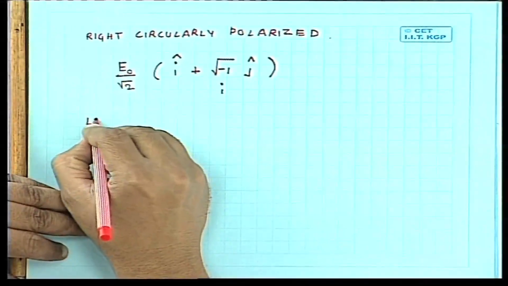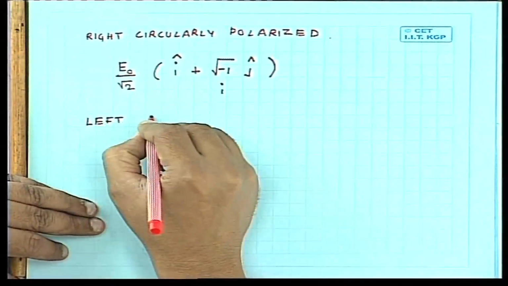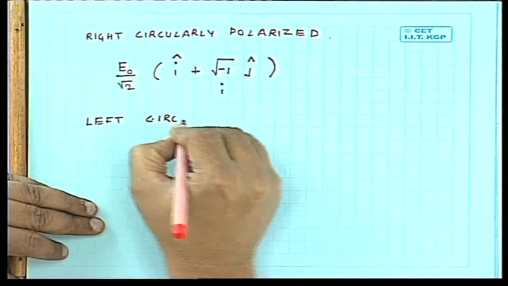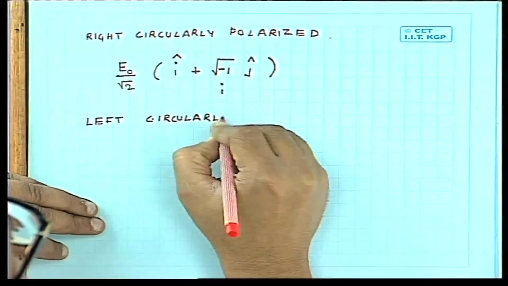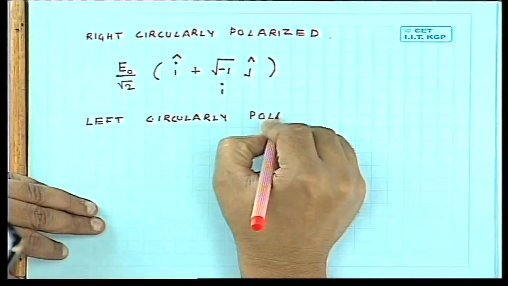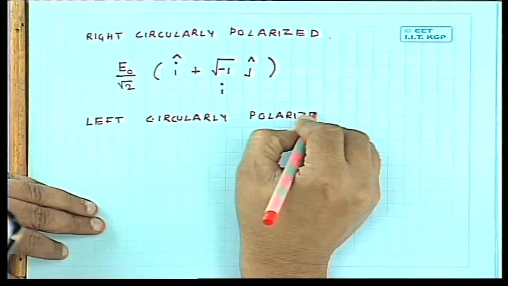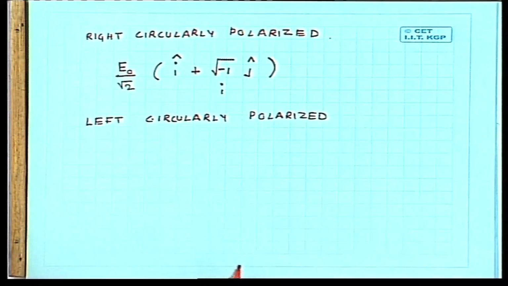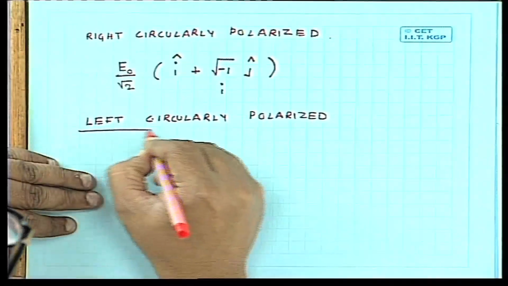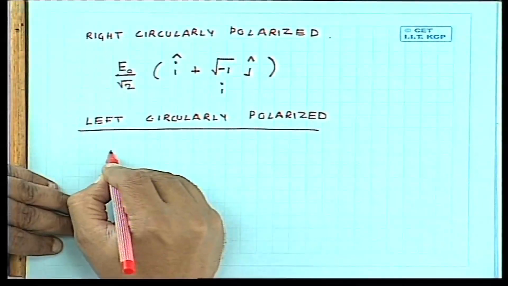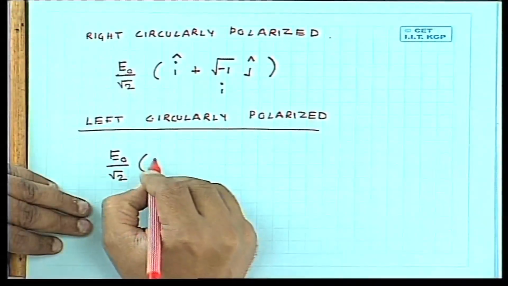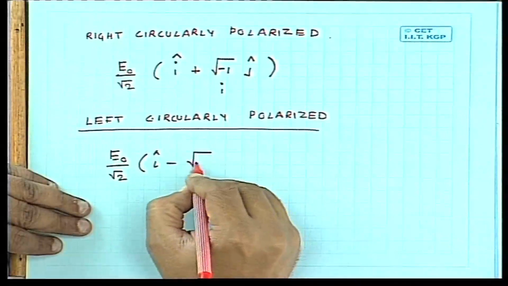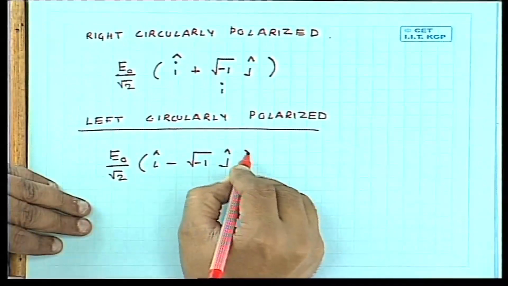Similarly, we have the left circularly polarized light, which is E naught by square root of 2, i minus the square root of minus 1 into j.